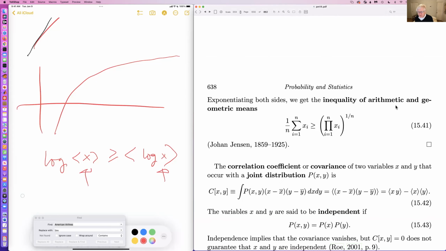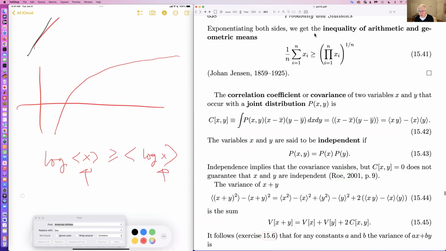If you exponentiate both sides of that, you get the inequality of arithmetic and geometric means, namely that the arithmetic mean is always greater than or equal to the geometric mean. And that's a very general, interesting result. I think here we're assuming all the x's are positive. Let me just write that down.